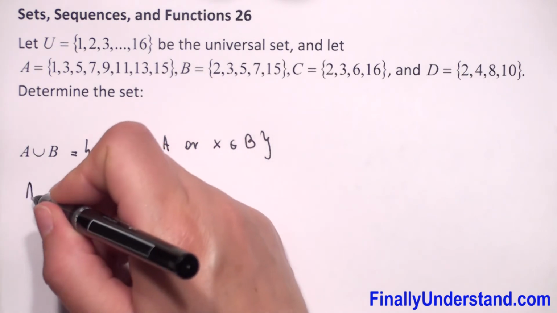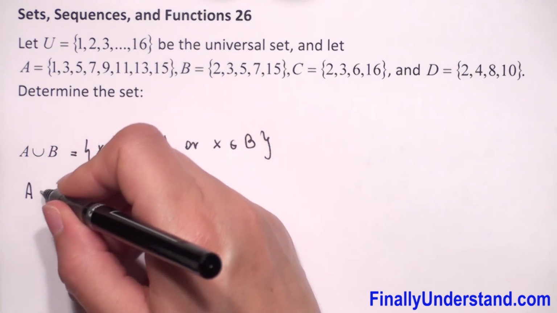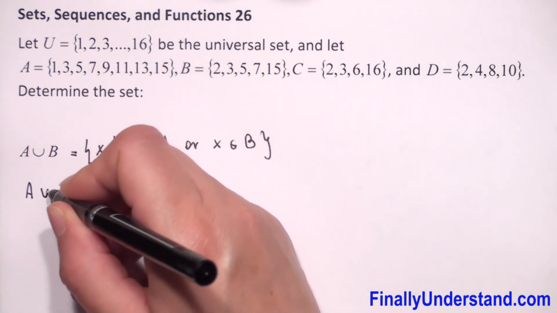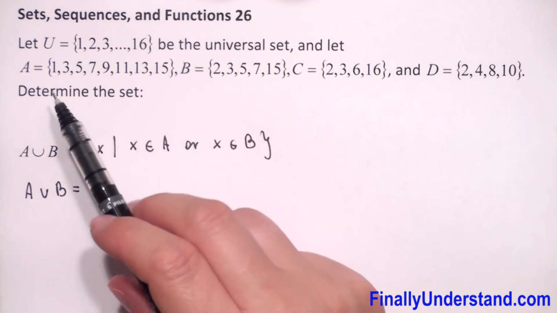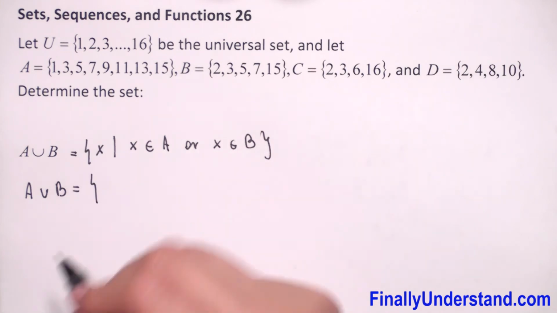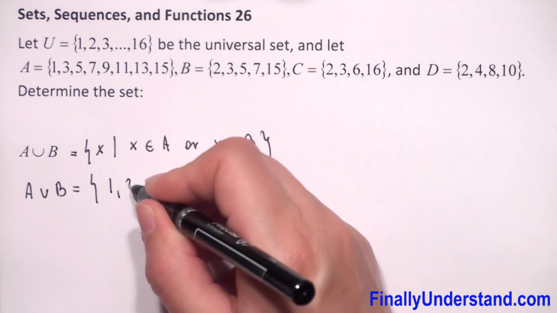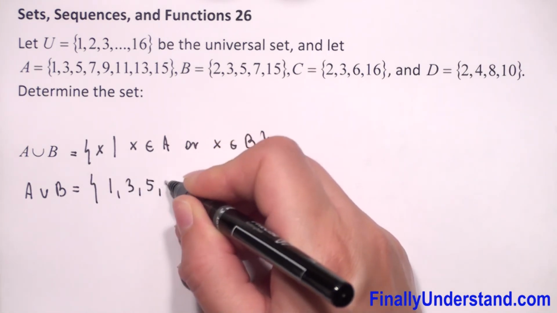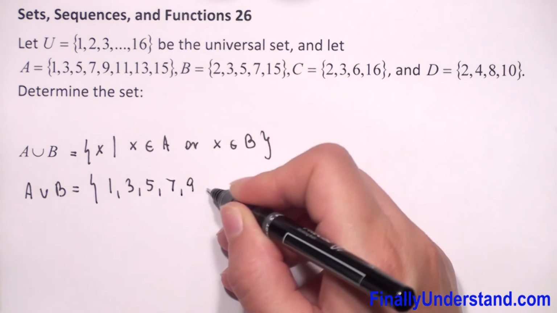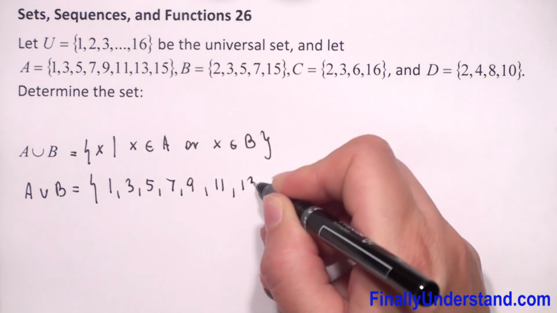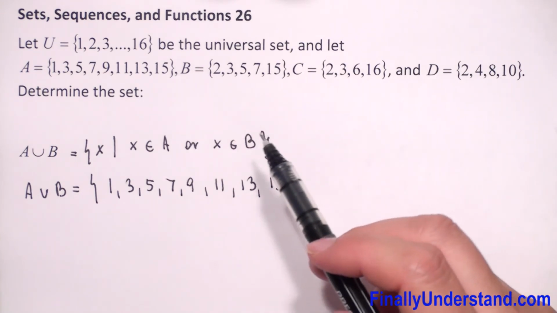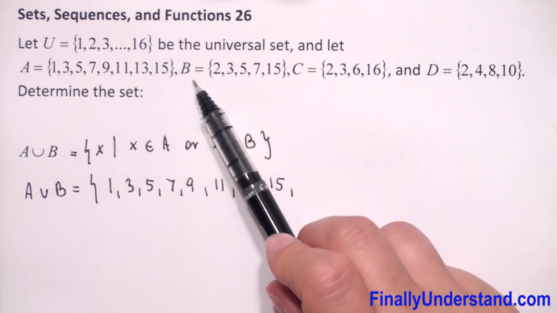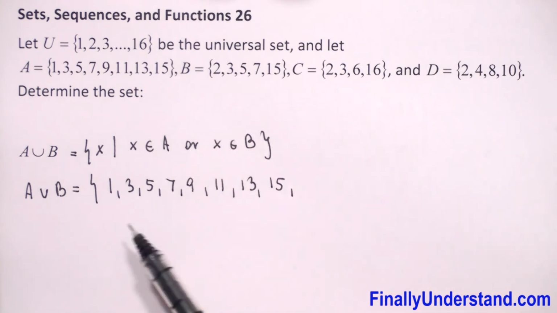So the sum or the union of sets A and B is all elements from set A. So we have 1, 3, 5, 7, 9, 11, 13, 15, and we have to add elements from set B which we don't have here.